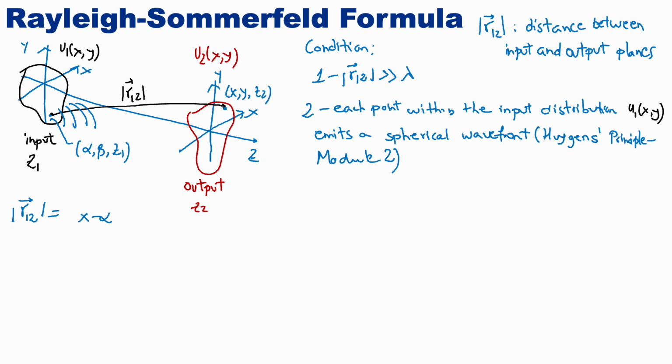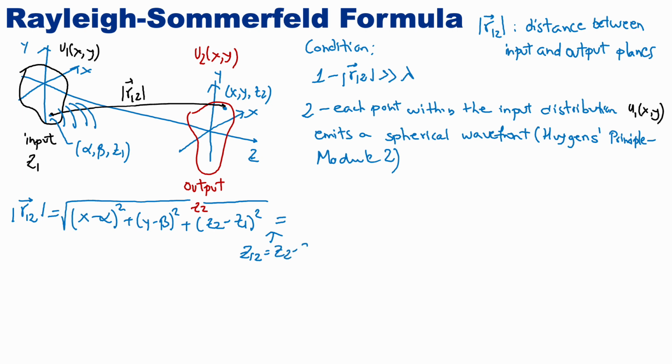So the distance is the square root of (x minus alpha) squared plus (y minus beta) squared plus (c2 minus c1) squared. For simplification, we can define the distance c12 as c2 minus c1.